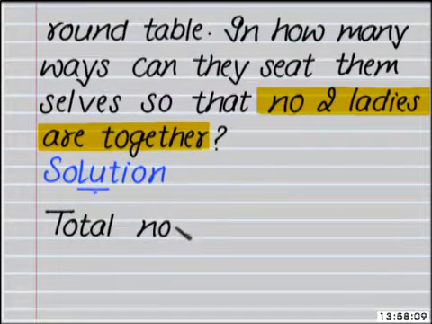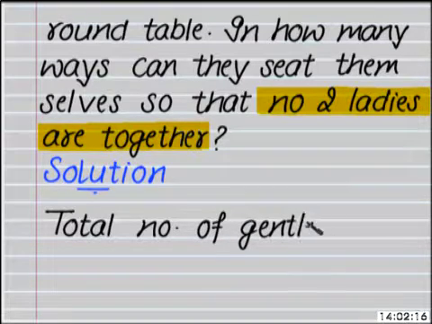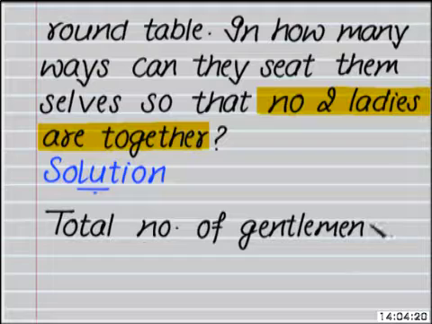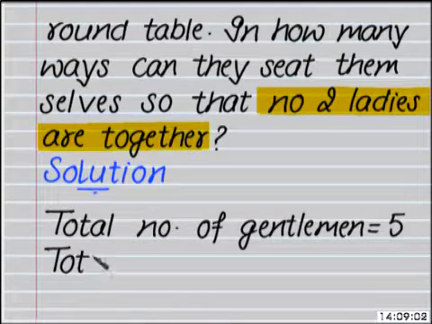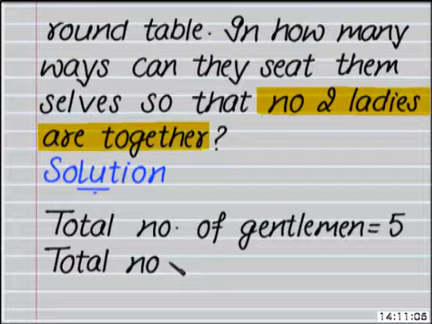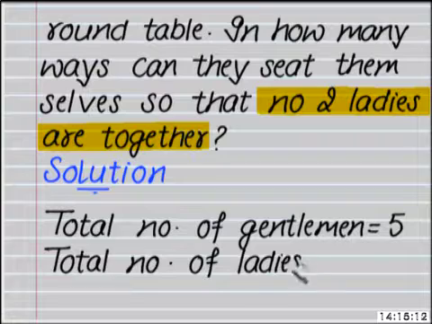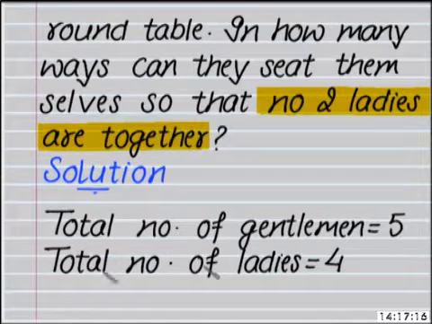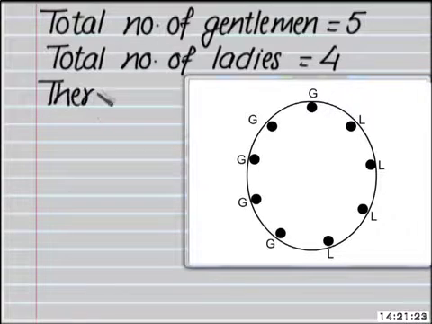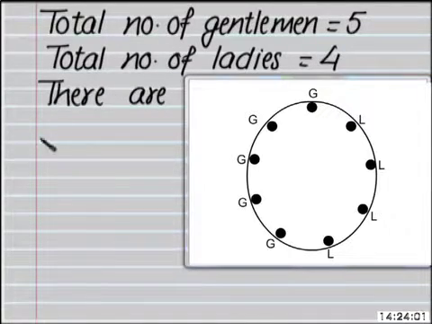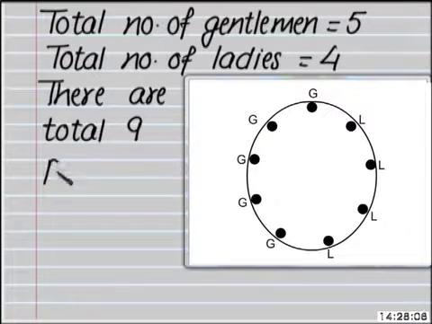Total number of gentlemen is 5. Total number of ladies is 4. So there are a total of 9 places.